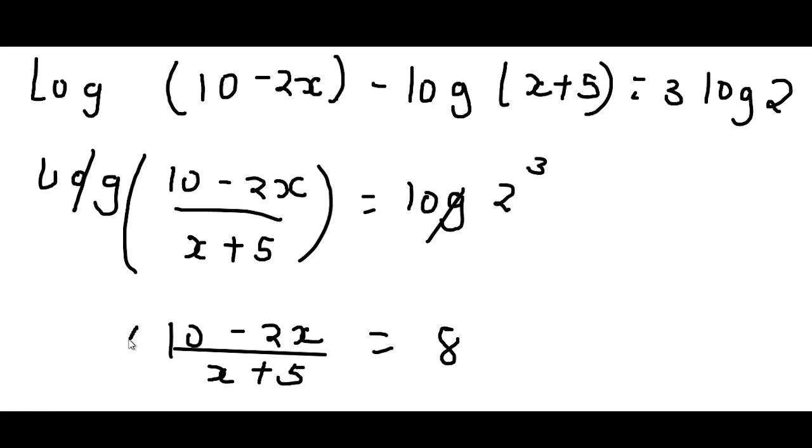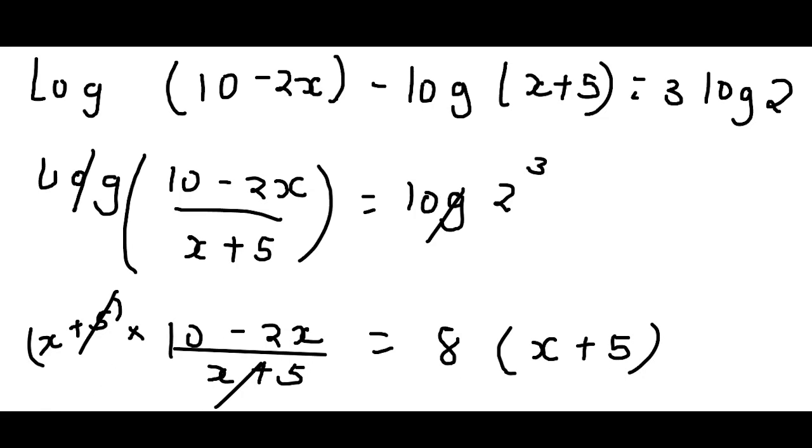So we multiply both sides by x plus 5. So this and this cancel out. You're left with 10 minus 2x, not plus, equals 8 into bracket x plus 5.